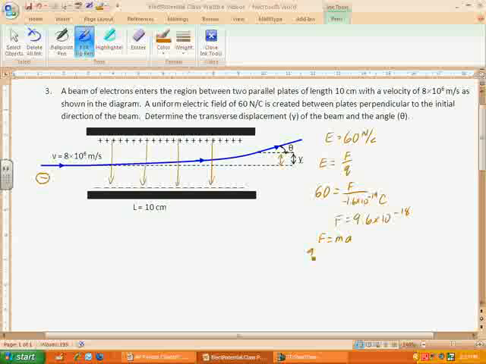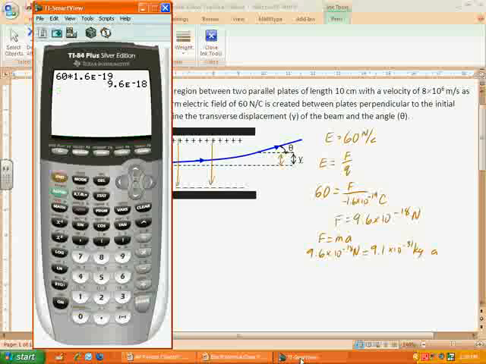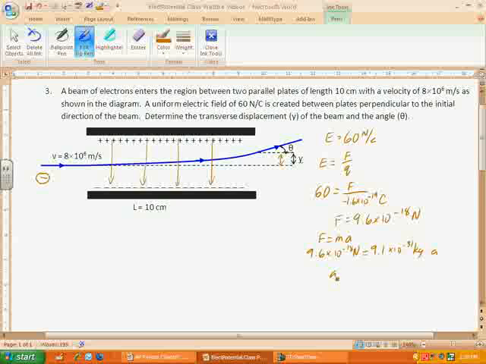The force is 9.6 times 10 to the negative 18th newtons, and the mass of an electron is 9.1 times 10 to the negative 31st kilograms. We can solve for the acceleration: we take that former answer and divide by 9.1 e to the negative 31st, which is 1.05 times 10 to the 13. So acceleration equals 1.05 times 10 to the 13 meters per second squared, which is a huge acceleration, but it's a small particle, right? Okay, so now we've got our acceleration.